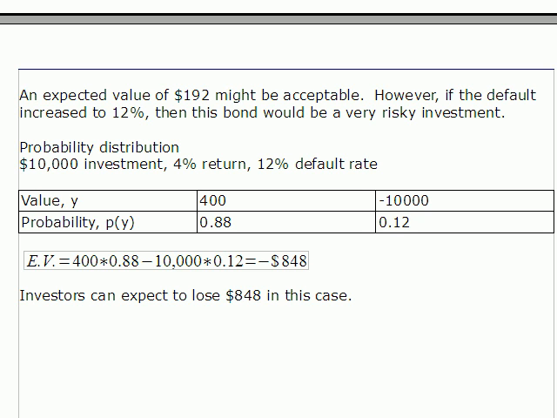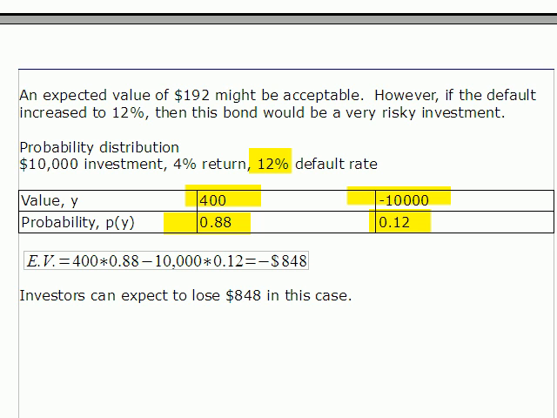Now let's see what happens if the default rate goes to 12%. Okay, you've got a 4% return, so you stand to come out $400 to the good. You could lose your whole $10,000. That's there's minus 10,000. If the default rate is 12%, that's 0.12 chance that things are going to go wrong. The probability that everything will go right is 0.88.